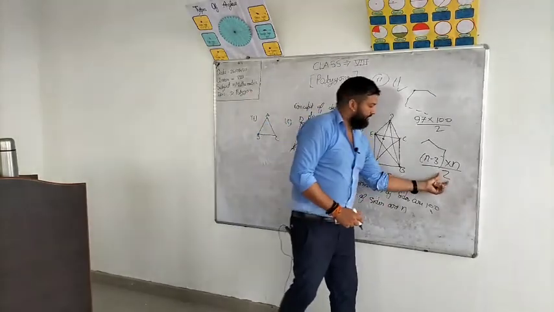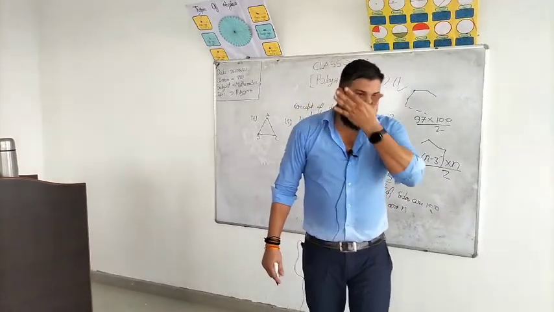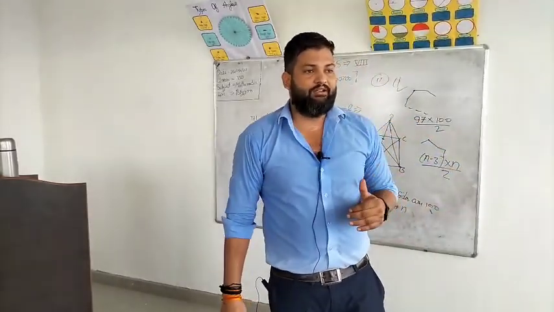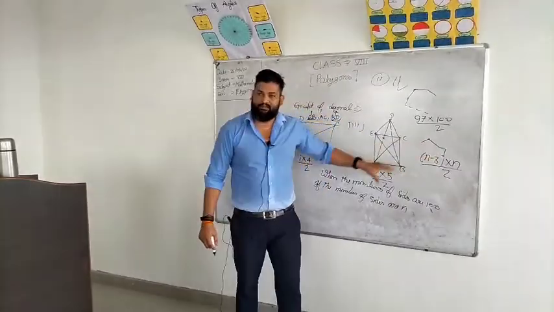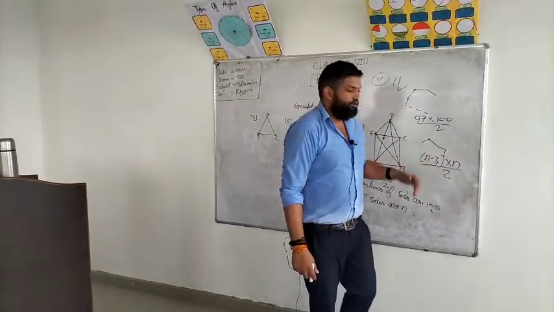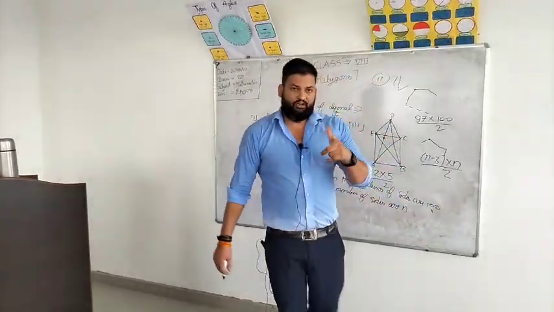So when we divide by 2, we find the number of diagonals. Is that clear? So the formula, if the number of sides is n, is n into n minus 3 upon 2. Now that's okay.